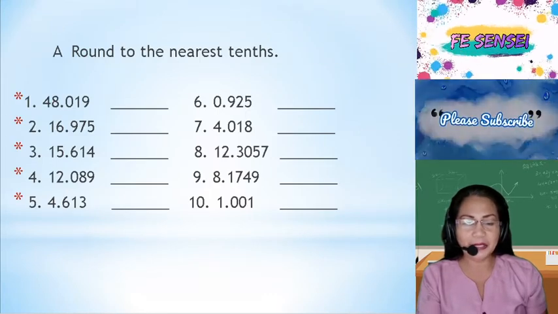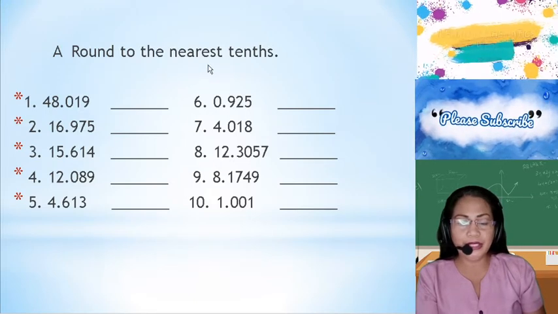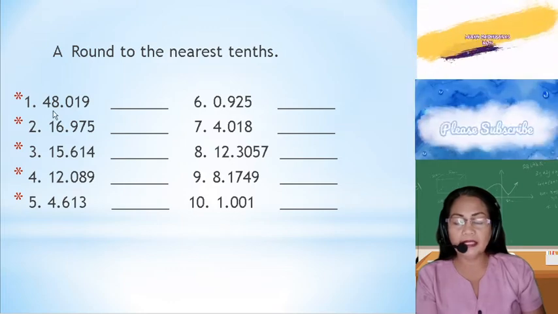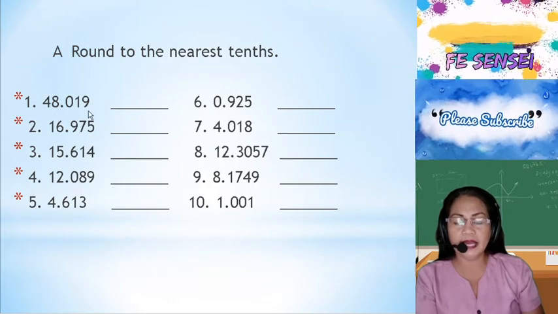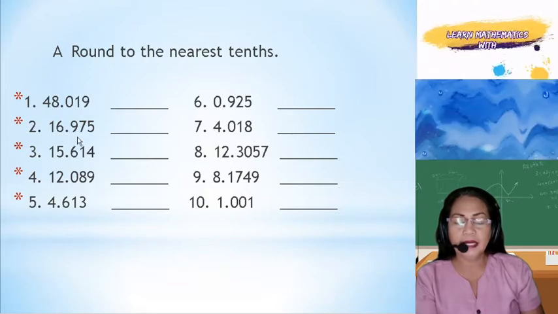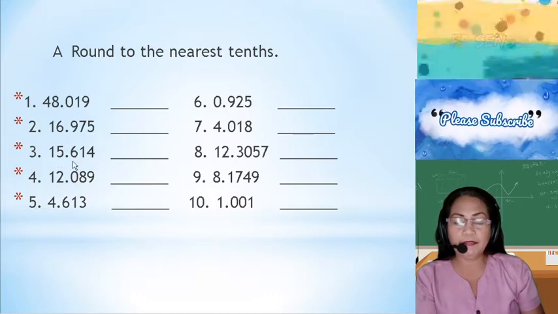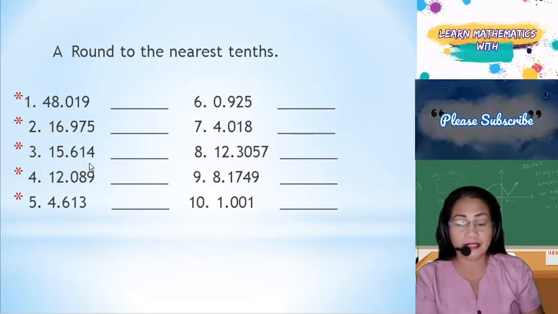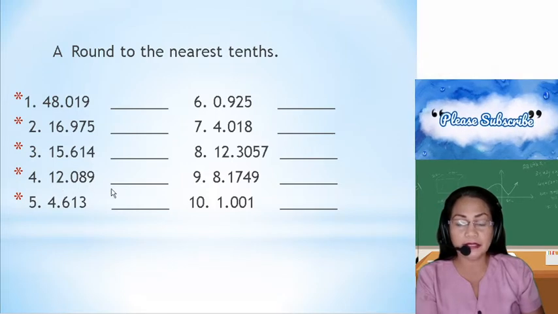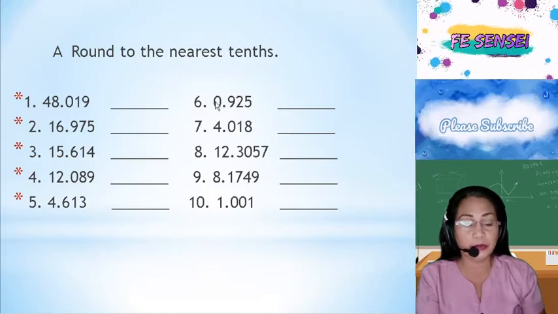Okay, let's answer some exercises. Round to the nearest tenths. So number 1 is 48 and 19 thousandths. Number 2, 16 and 975 thousandths. Number 3, 15 and 614 thousandths. Number 4, 12 and 89 thousandths. Number 5, 4 and 613 thousandths.